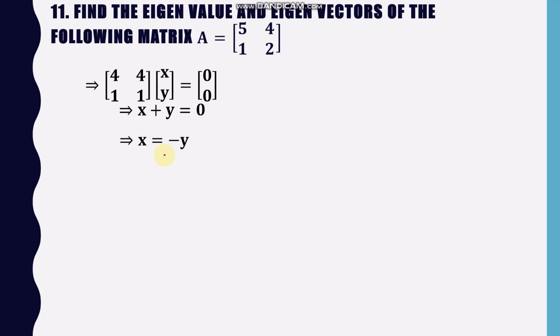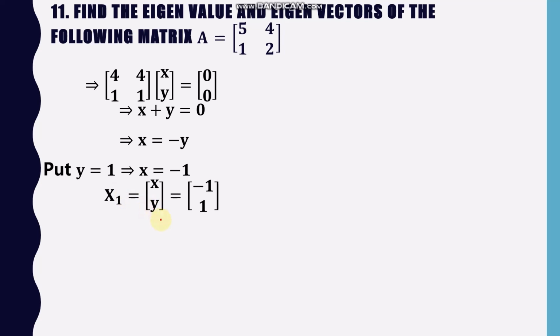So if x is equal to minus y, we can assume the value of y to be 1. So if we assume y equal to 1, we'll get x equal to minus 1. So (minus 1, 1) is the eigenvector corresponding to the first eigenvalue, lambda equal to 1.